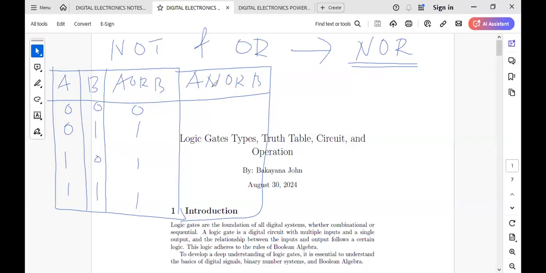What is going to be the result? Where we have OR and it is a 0, NOR inverts it to a 1. If it is a 1, this becomes a 0, and a 0. And what is the symbol for NOR?